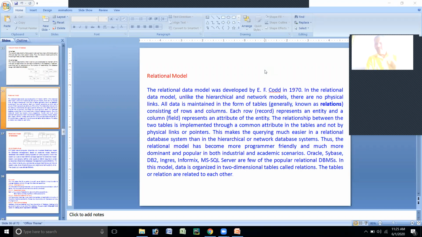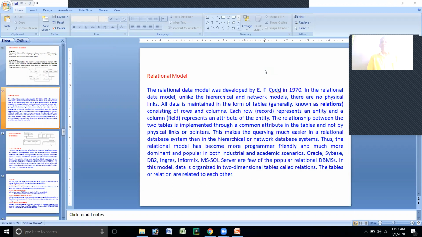Next, the relationship between two tables is implemented through a common attribute in the tables and not by physical links or pointers. Important point: in the relational model, first thing, we are not using any physical links. Then how are we organizing and maintaining the data?